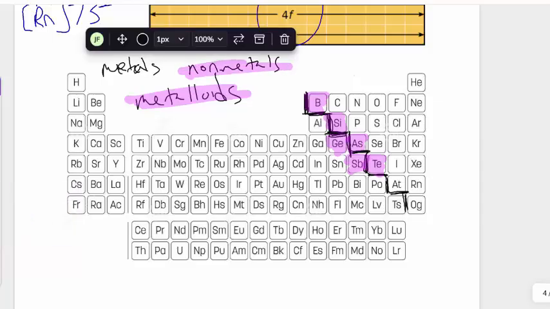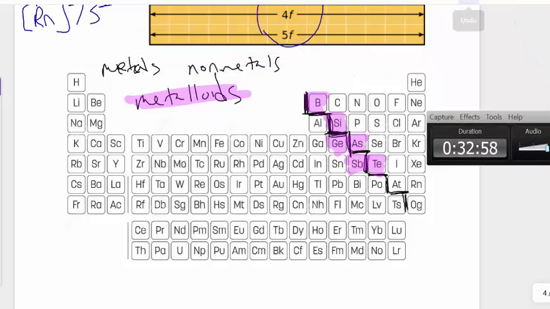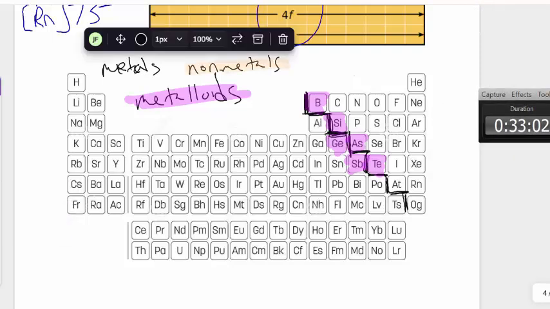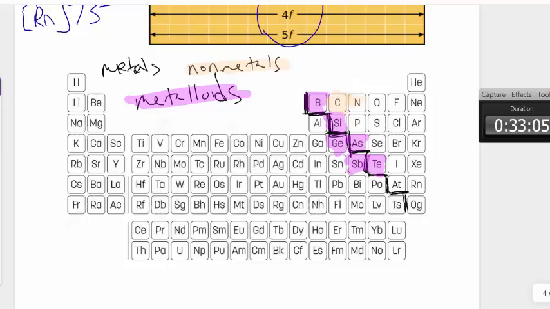The nonmetals are to the right of the staircase. So carbon, nitrogen, phosphorus, oxygen, sulfur, selenium, fluorine, chlorine, bromine, iodine, astatine, and then all of the noble gases. Those are all considered nonmetals.